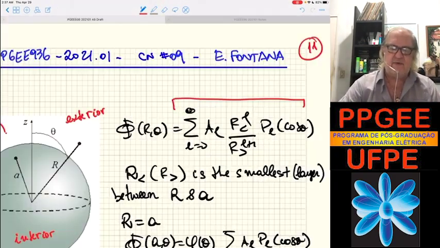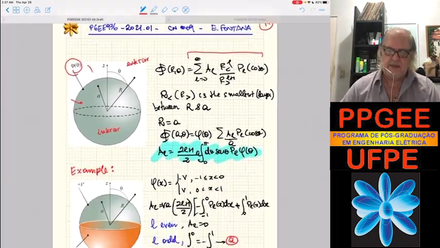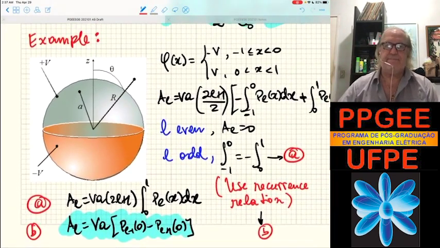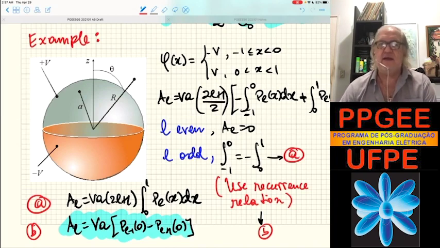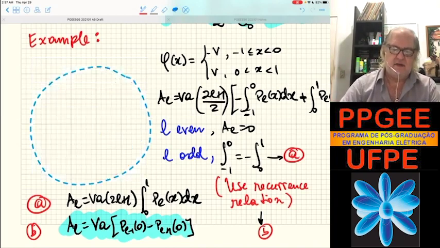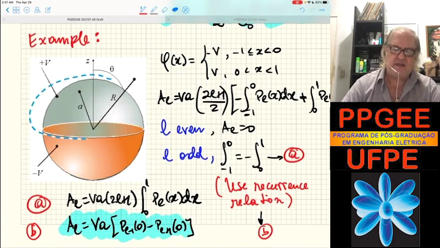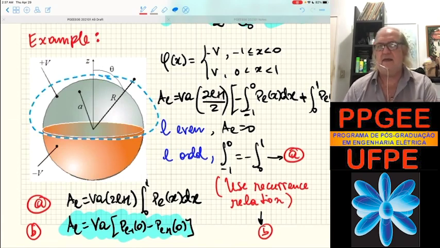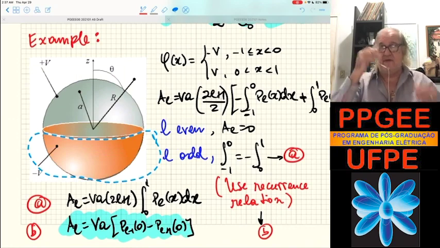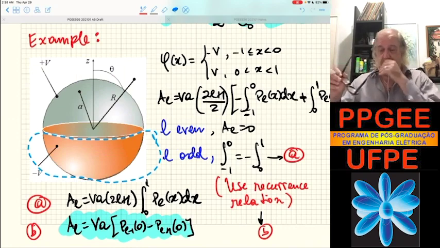Let's make a practical example. Let's assume that we have two spherical electrodes, one on the north hemisphere at plus V volts, and one on the south hemisphere at minus V volts.